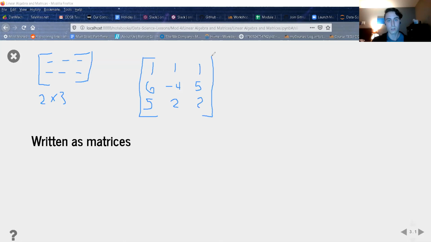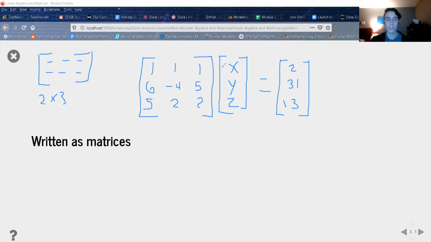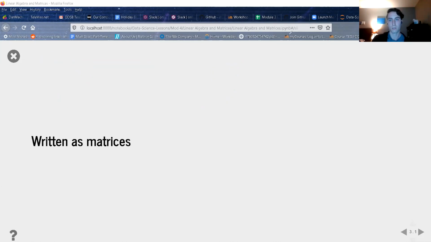We multiply that by our x, y, z, and that's going to equal our products, which were 2, 31, and 13. So that's how you can represent a system of equations as matrices. And in a little bit, we'll see how you can solve it using this matrix notation.